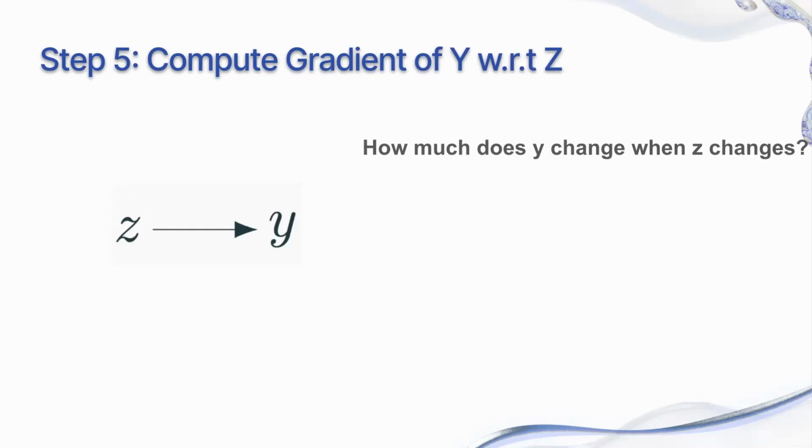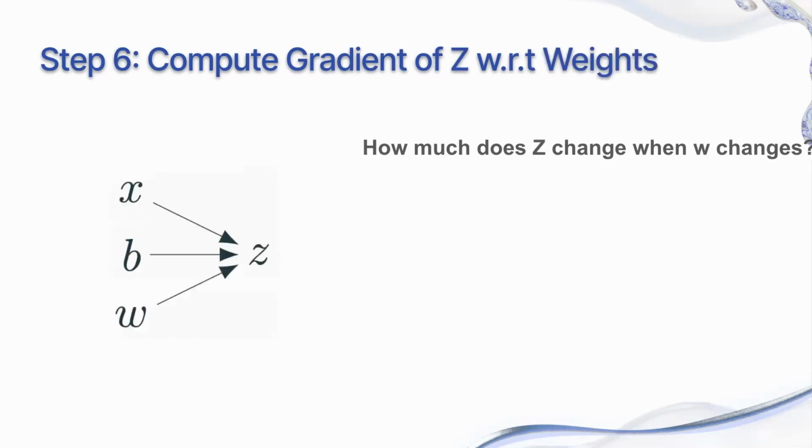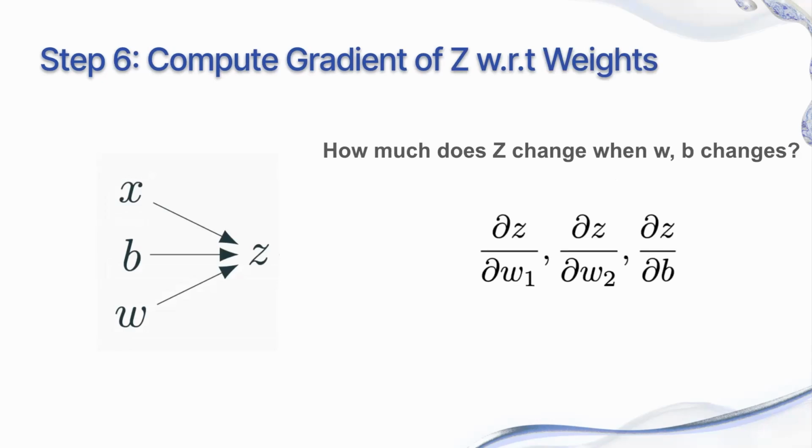If we want to quantify how much Y changes when Z changes, we would take the partial of Y with respect to Z. And if we want to quantify how much Z changes when W changes, we would take the partial of Z with respect to W1, Z with respect to W2, and Z with respect to the bias.